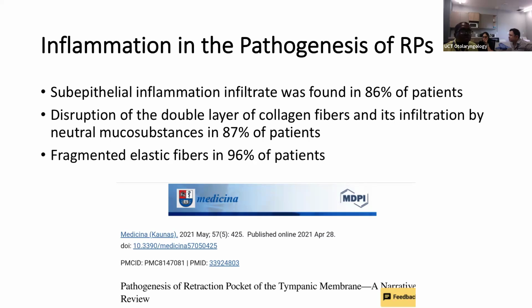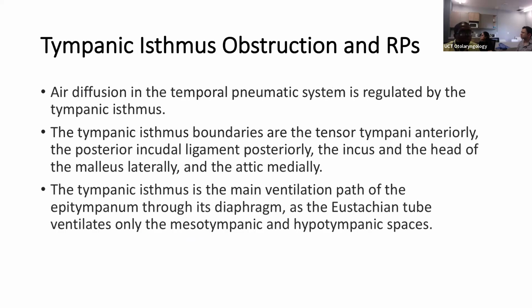They also found that fragmented elastic fibers were in 96% of patients, all to show that retraction pockets don't just form from negative middle ear pressure, but inflammation or otitis media contribute to it.